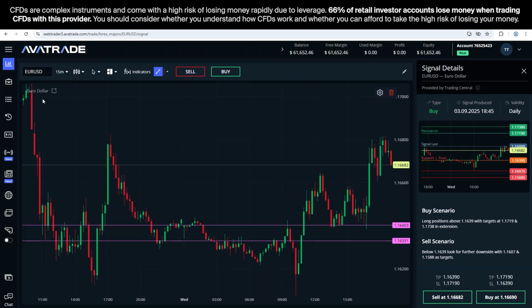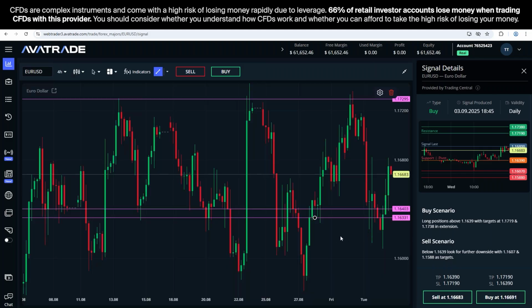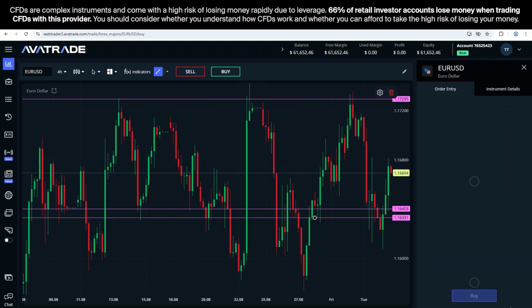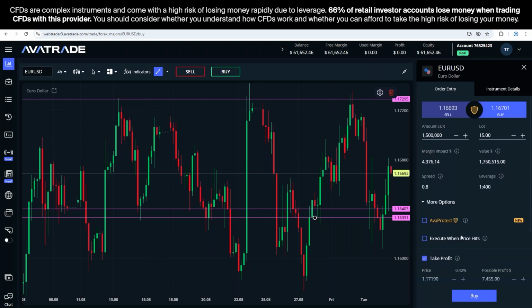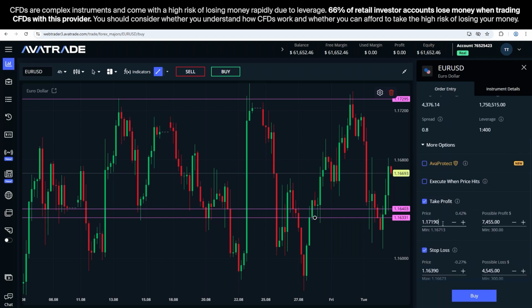So bigger picture, which I like to look at many times on the 4-hour candles, this feels like something that might try to get up to this resistance level where we were at several times in the past days and weeks. And so this resistance around 117.30 is not unheard of in the past week, and kind of might make sense if you're looking at potential rate cuts in the US.